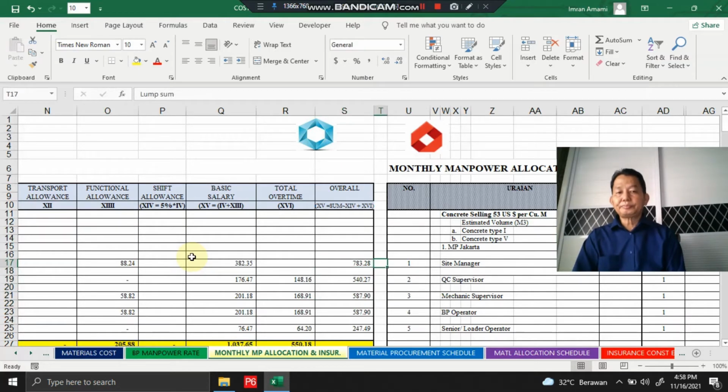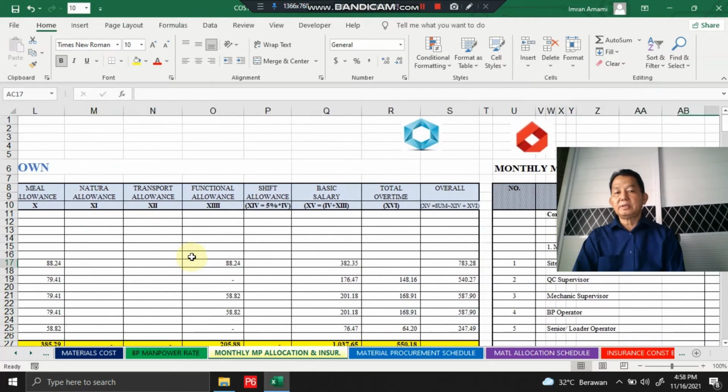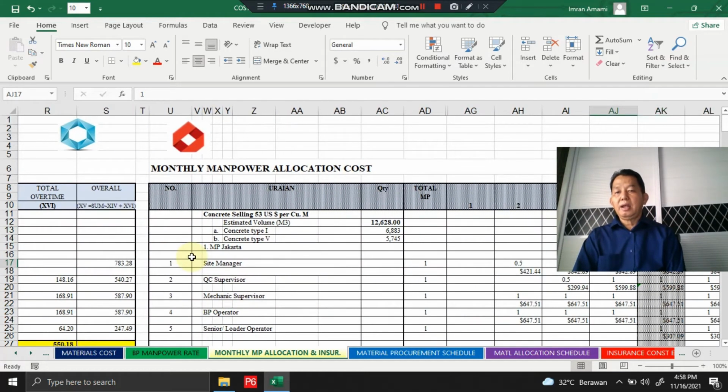And based on this monthly manpower cost breakdown, okay, we compose the monthly manpower allocation schedule.